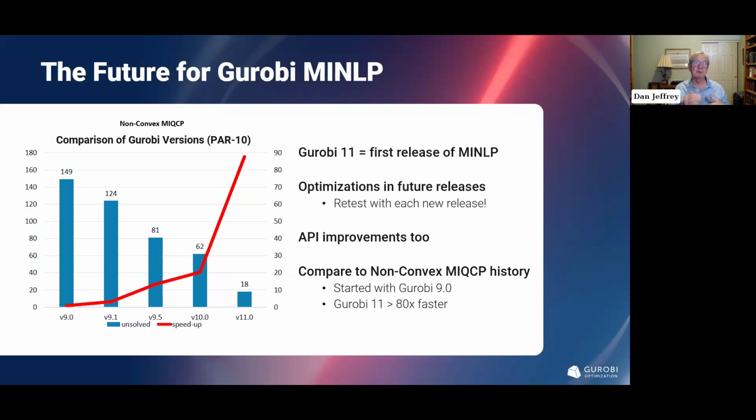I would expect to see a similar kind of, I don't know if it'll be this much, but some radical speed improvements in this function and in the nonlinear functionality in Gurobi in coming releases. Usually we work on numerical stability first and then begin to work on speed improvements from there. And so you'll see radical improvements from the MINLP solver in Gurobi in versions 12, 13, and beyond.